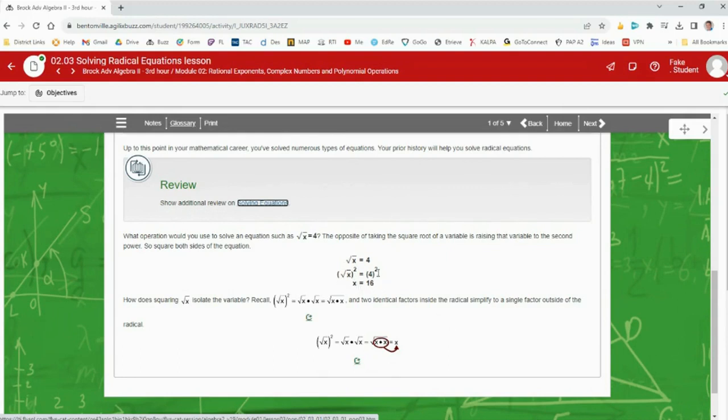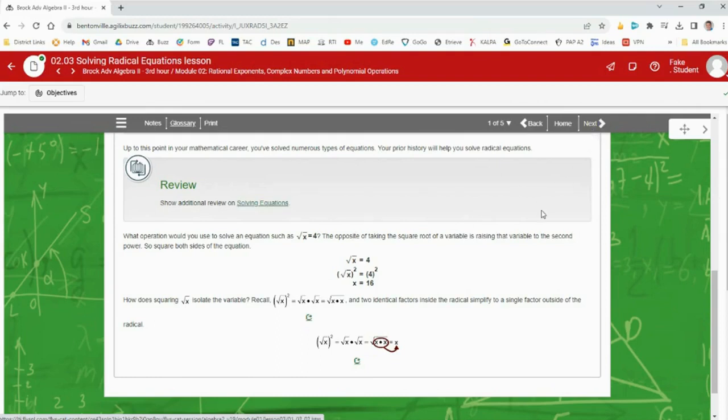So x equals 16. There's a definition underneath there if you need a refresher on that: the square root of x squared is just x, because those cancel each other out.